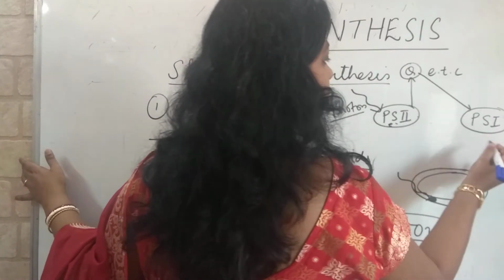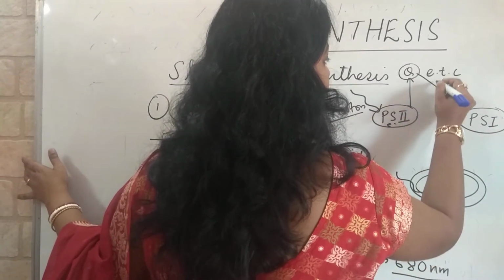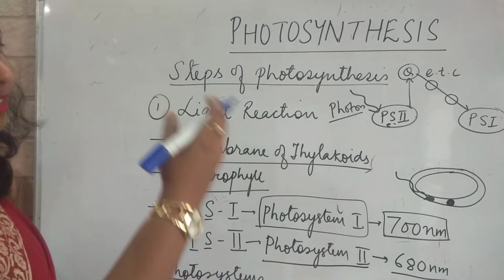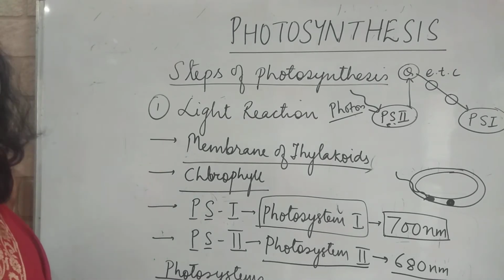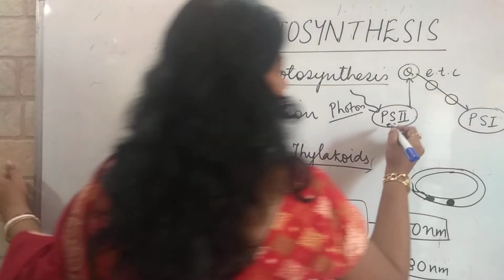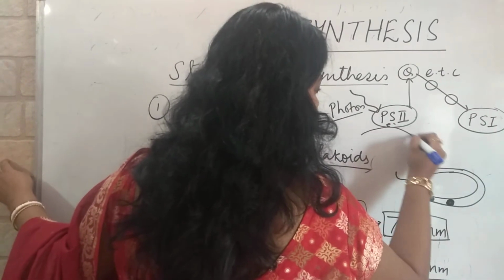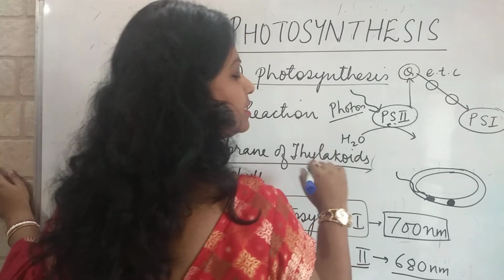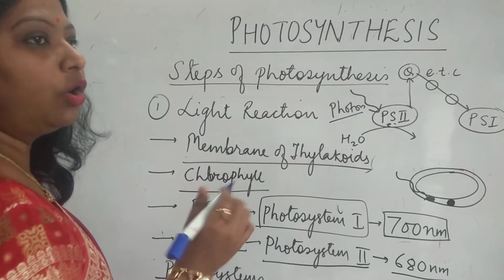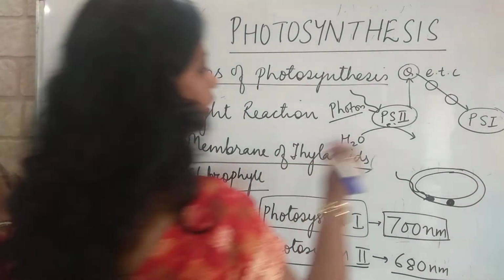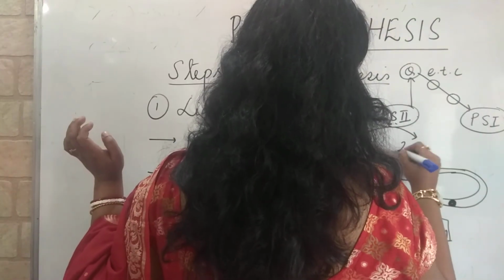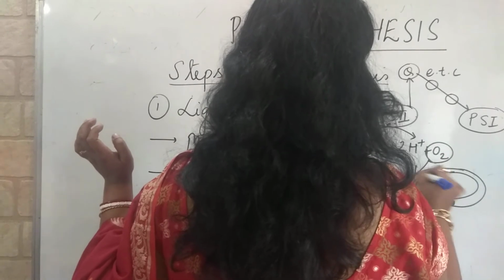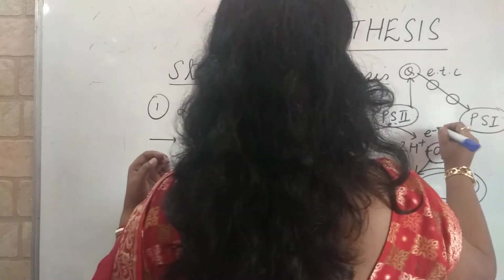The electrons will pass to PS1. During this, there are many molecules which will help in transmitting those electrons. For replacing the lost electrons, water will be broken down. That is known as splitting of water or photolysis of water, which will release hydrogen, and oxygen gas will be released with the release of electrons.